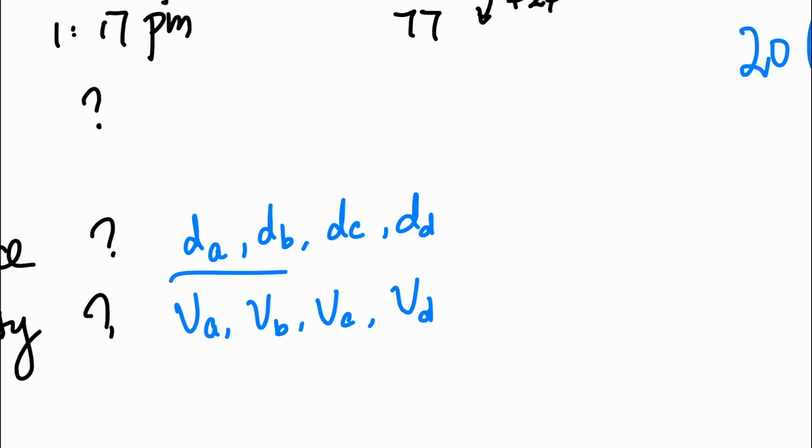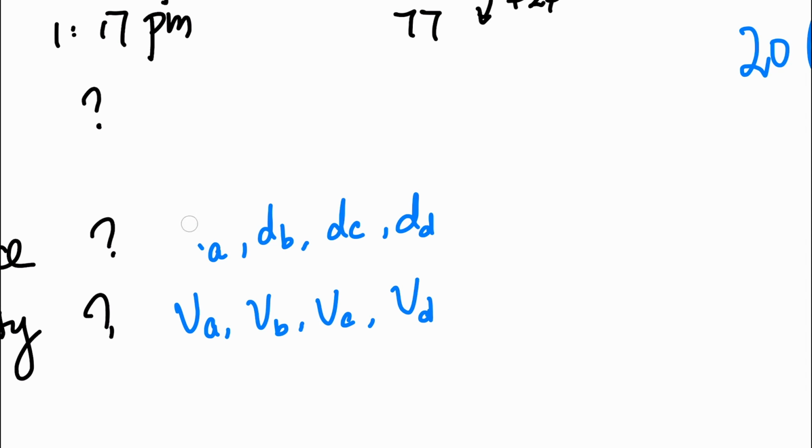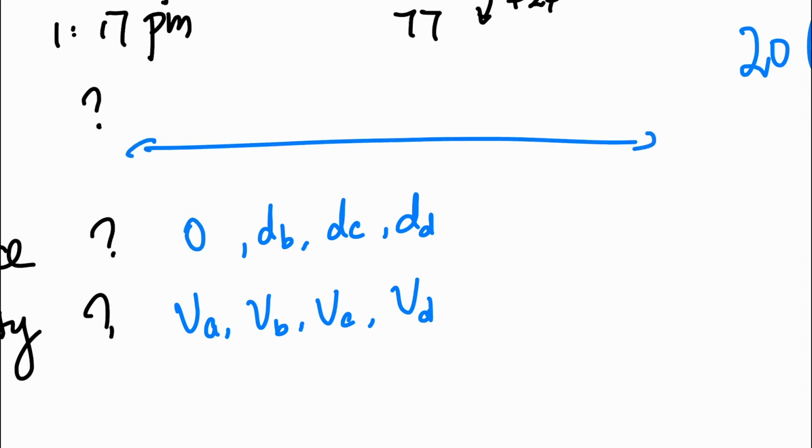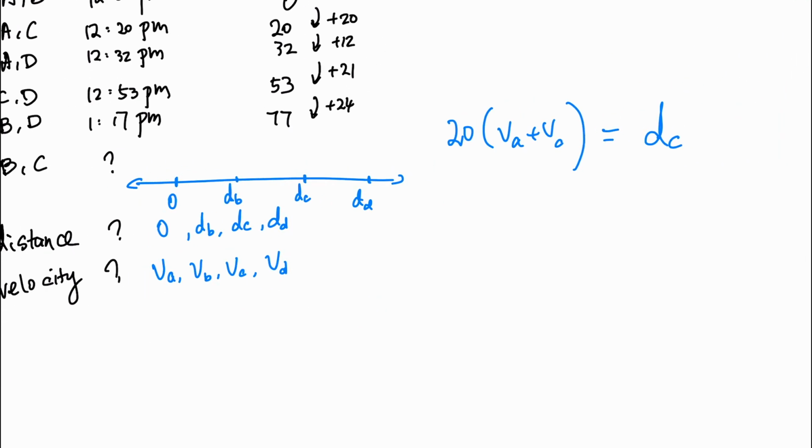Oh, here is the distance of their initial positions. So we can put DA on a distance line, like this at 0, and DB. So it's the initial position that they are in. So 20 minutes after, they have this.